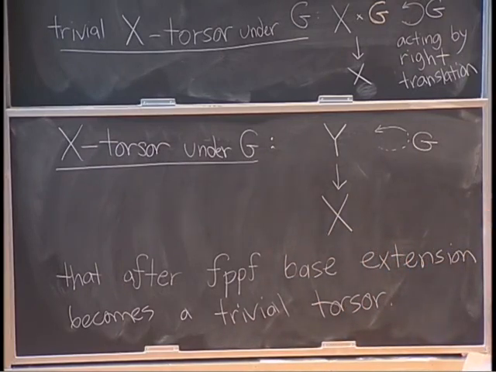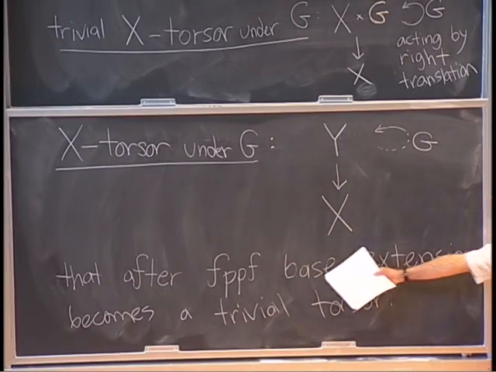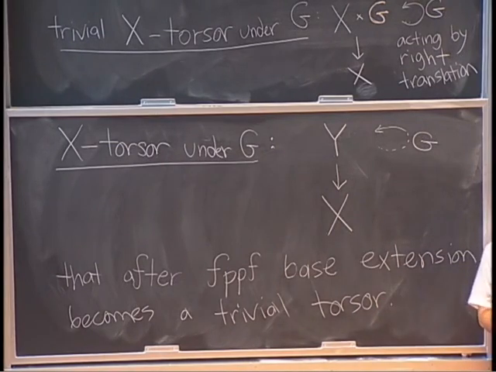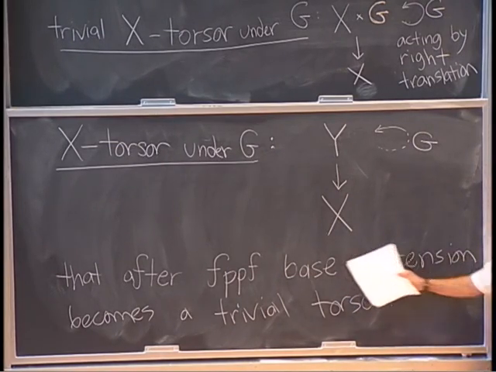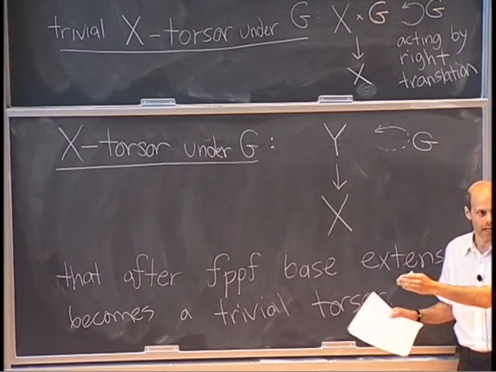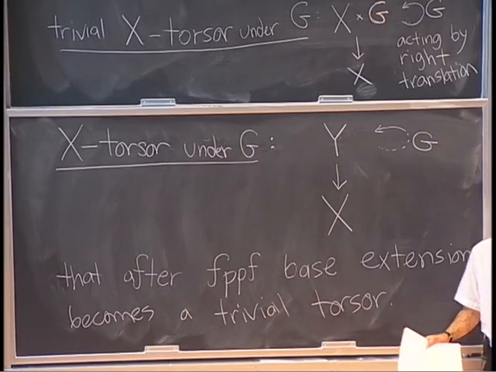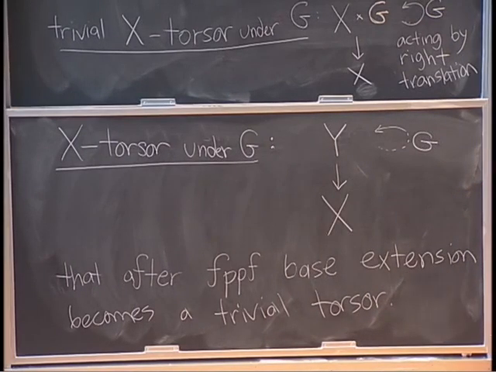If X were just Spec k, this amounts to passing to an algebraic closure, and saying that after you base extend to an algebraic closure, it looks like a trivial torsor. An example would be a principal homogeneous space of an elliptic curve. But now I'm doing it over a base X, so I really have a family of these.